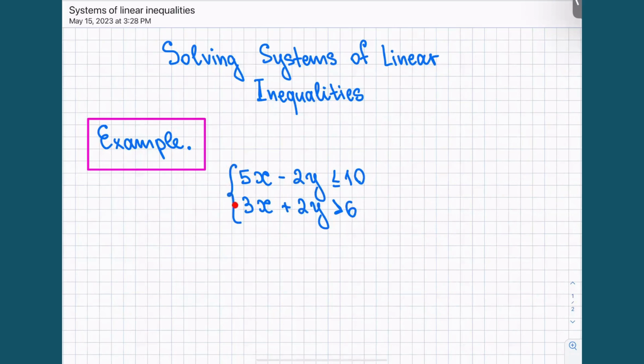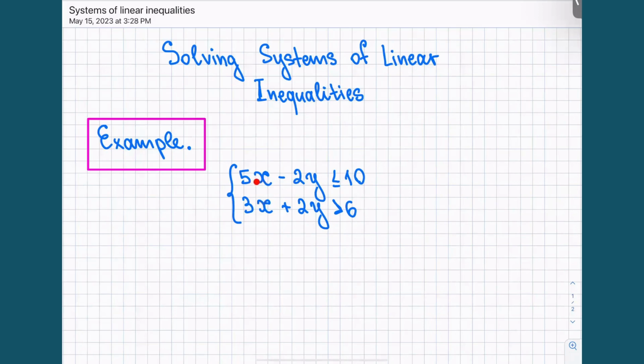And this system means here that these two inequalities have to be satisfied simultaneously, which means that we will be looking for the intersection between the solution to the inequality number 1 and the solution to the inequality number 2. So the intersection gives us this kind of and condition.